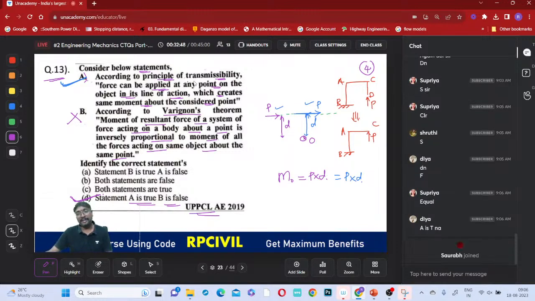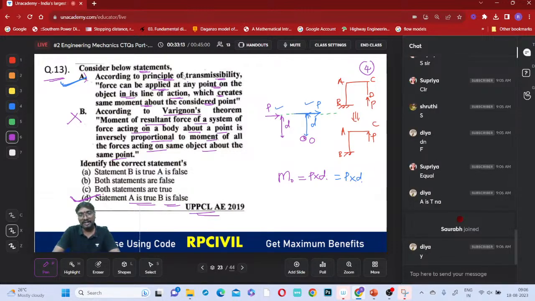Principle of transmissibility tells that you can relocate the force from one place to another, but only along its line of action, such that it will not change the moment created about any point even after replacement. So the first statement is correct, the second one is wrong.